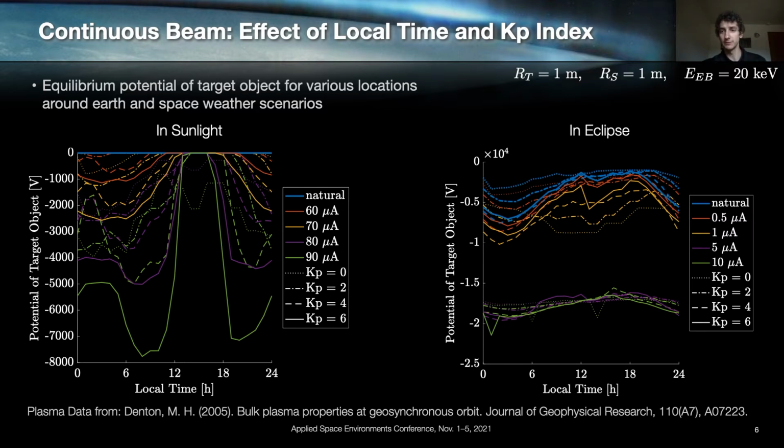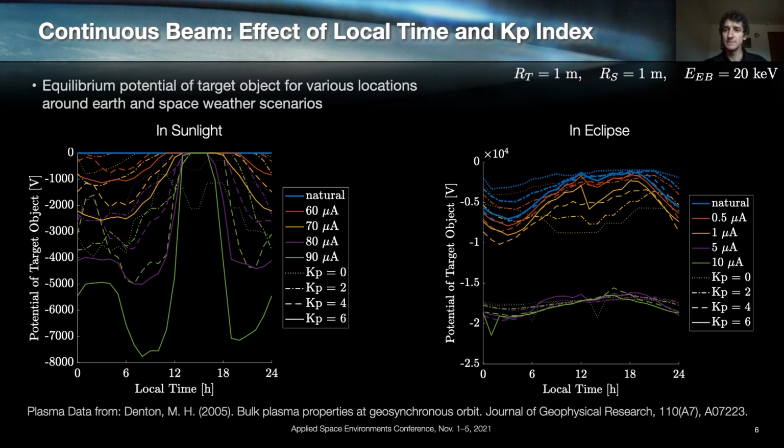Now, this is a little bit different if the spacecraft is eclipsed. In that case, we don't have the photoelectric current, which is a positive current. The natural potential is not that close to zero anymore. In fact, the natural potential of the target object is around negative 5,000 volts or so, depending on the Kp index and local time.